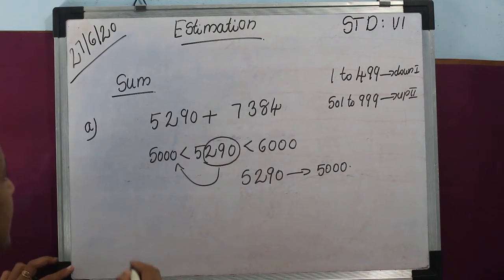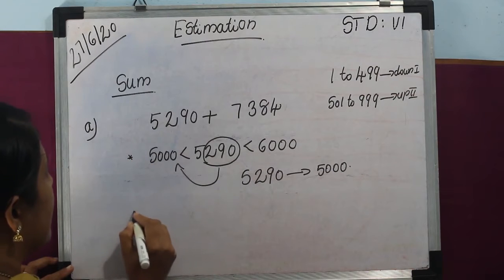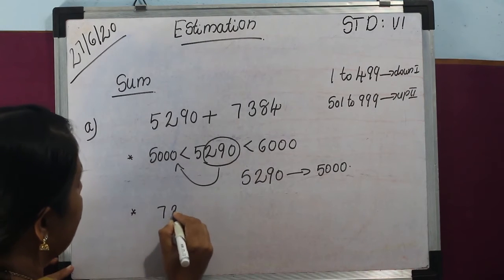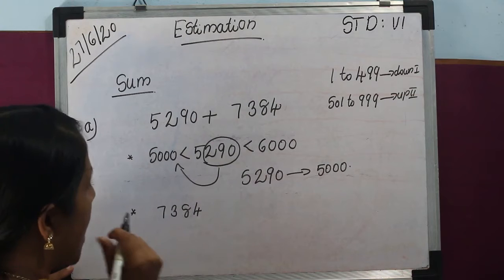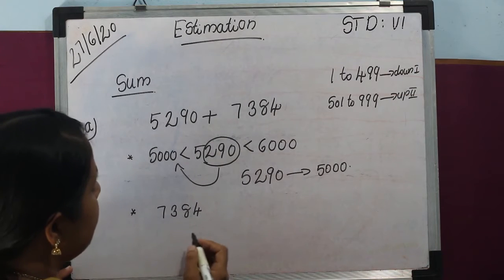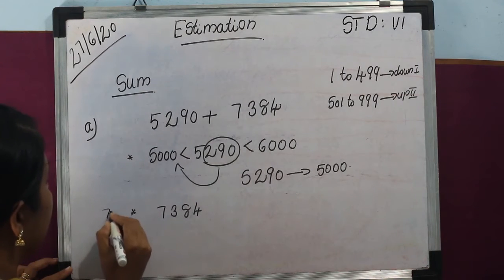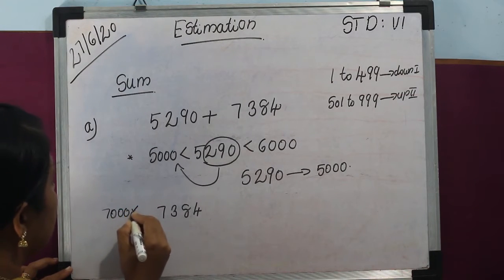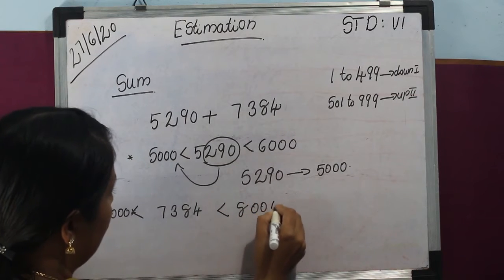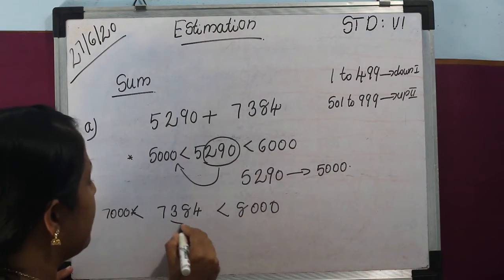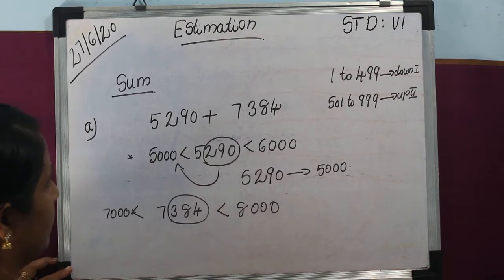Then next our number is 7384. 7384 lies between 7000 and 8000. Next we take the three digits, that is 384.